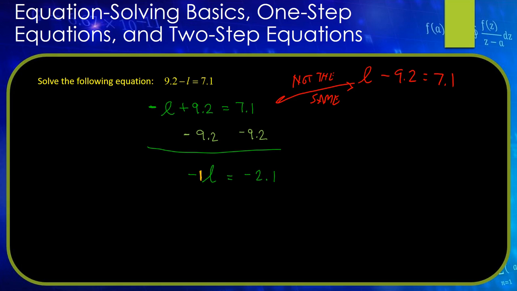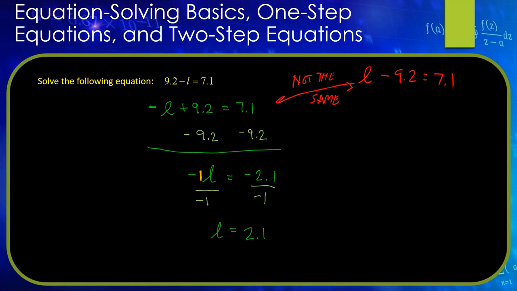Where students sometimes have issues with these negatives is that, remember, I'm not doing the opposite of the sign here. When I do opposites, I'm doing the opposite operation. Since I'm multiplying by negative 1, I need to divide by negative 1 on both sides. On the left, it leaves me with L. On the right, it leaves me with 2.1.